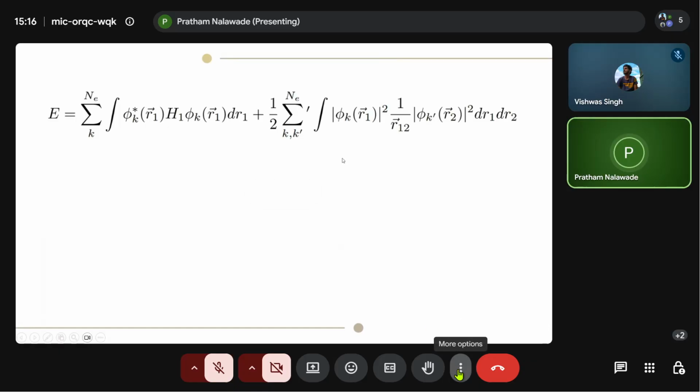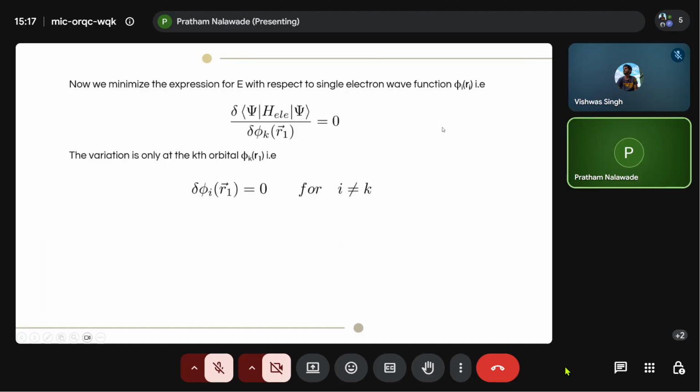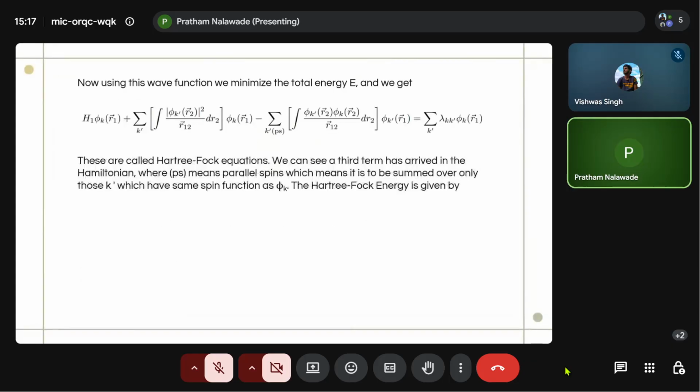And as we have earlier defined what our charge density is, this summation over phi of k is nothing but our charge density, which is a function of r1. Similarly, a charge density at r2. So let me just show you again.